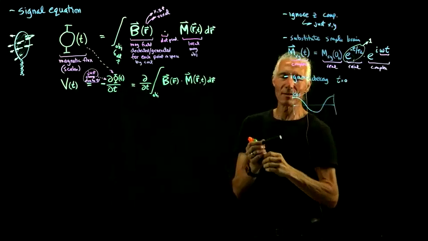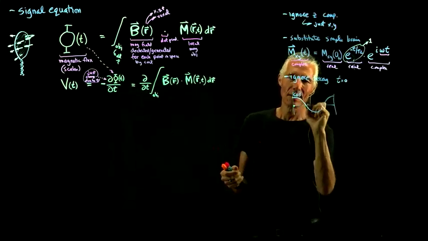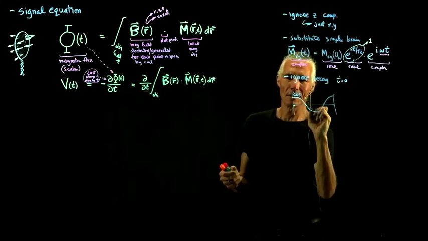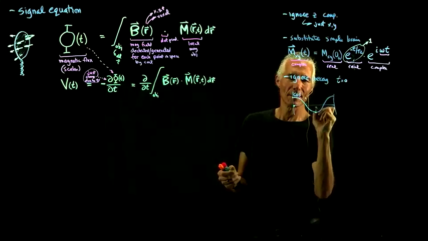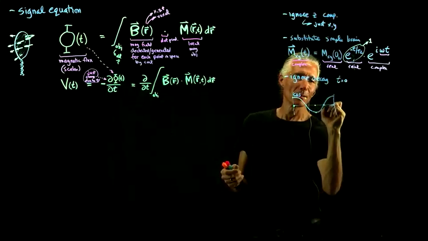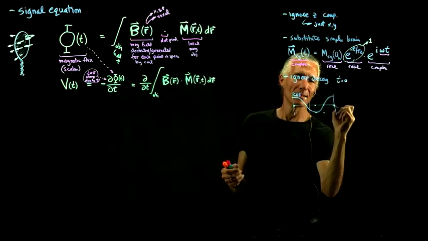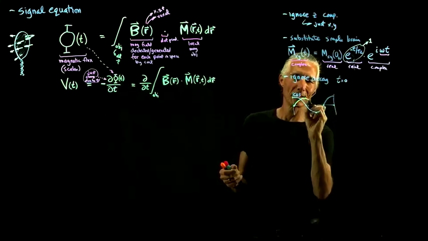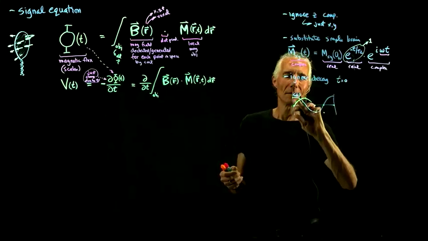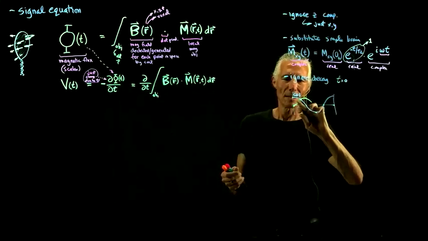So the slope is 0 there. The slope is biggest over here. And then the slope is 0 here again. And then the slope is biggest over here, but in a negative direction. And then it's 0 again. So what is that? Sorry, I drew it the wrong way. It's just a negative sine.